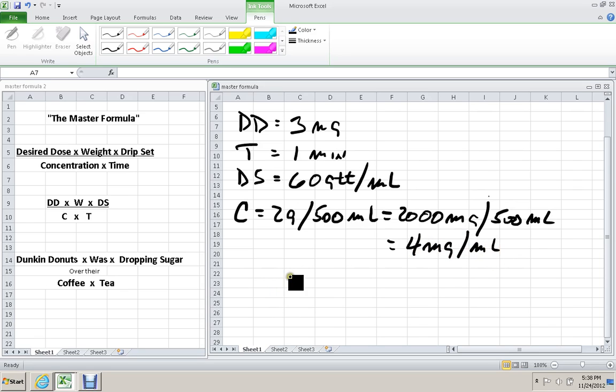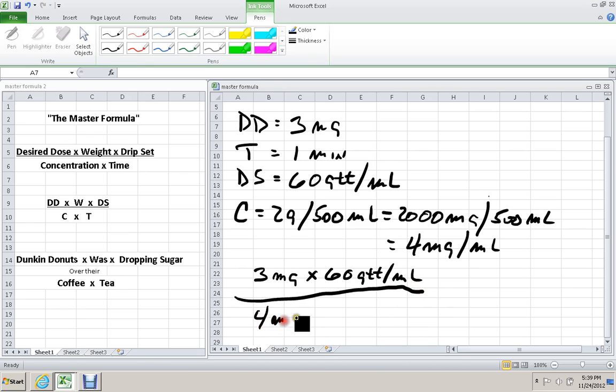All right, so now that we have that, let's write out the information in the formula. The desired dose is 3 milligrams times 60 drops per milliliter divided by the 4 milligrams per milliliter, and that's times 1 minute.